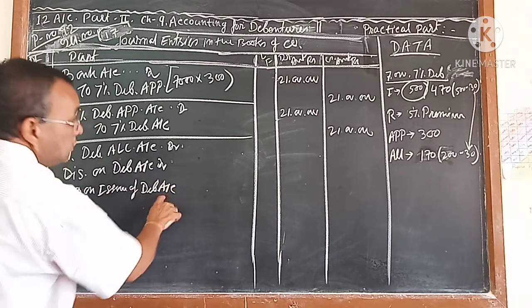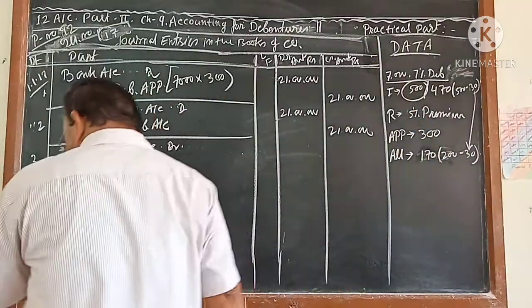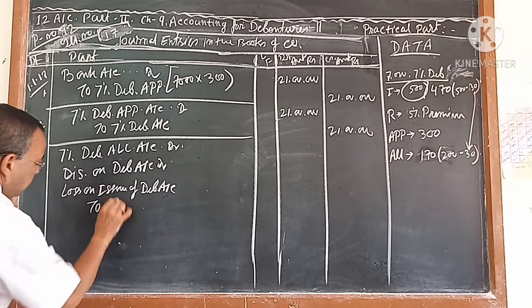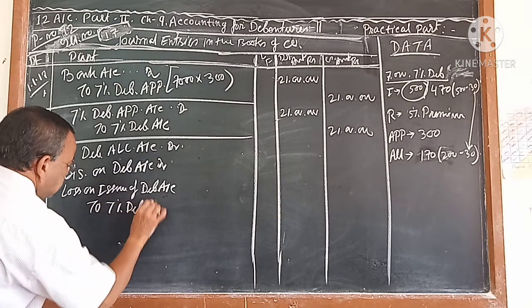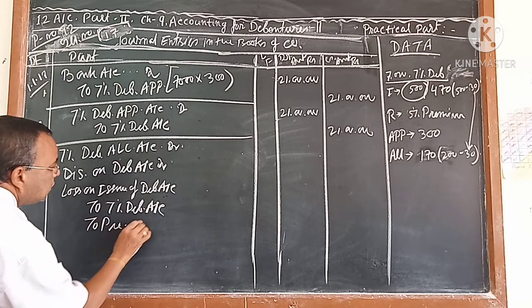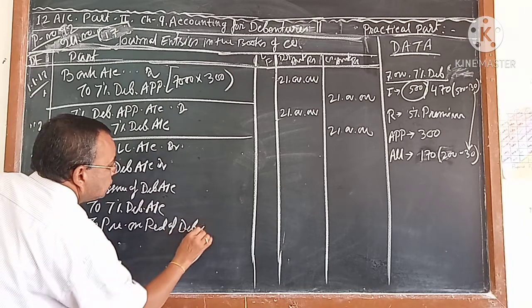This is due to this premium, 5% premium, whatever it is. To 7% debenture account, to premium on redemption of debenture account.